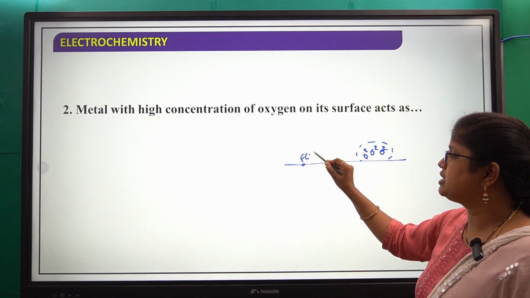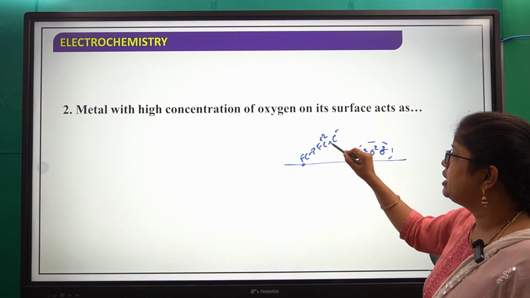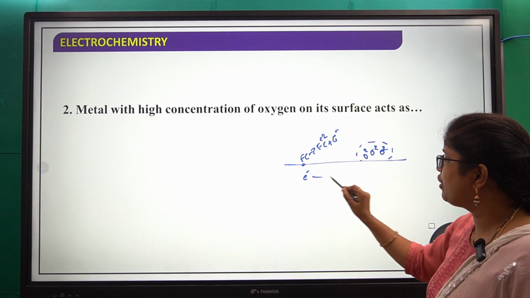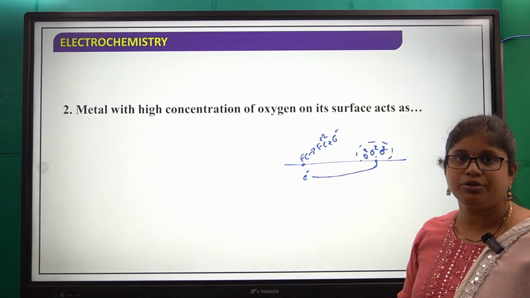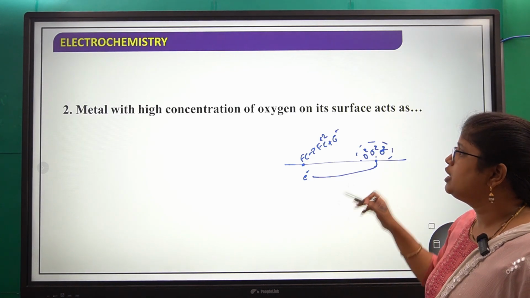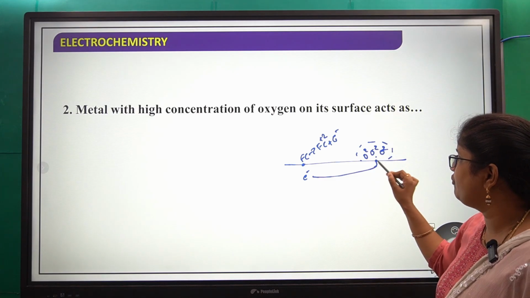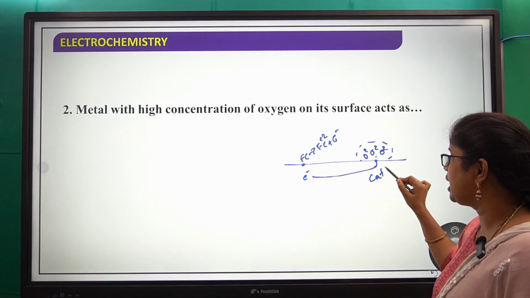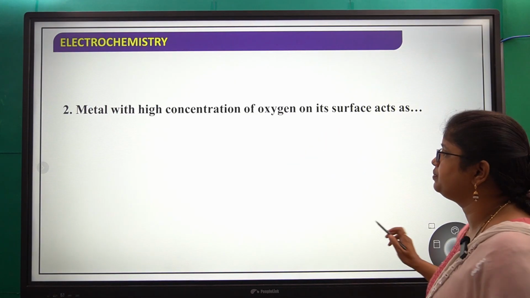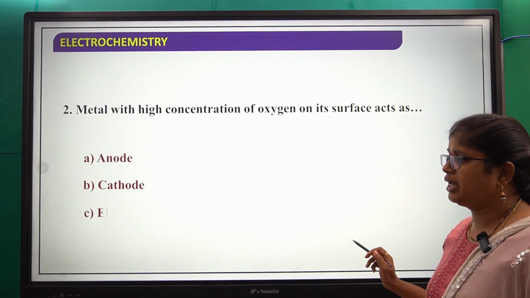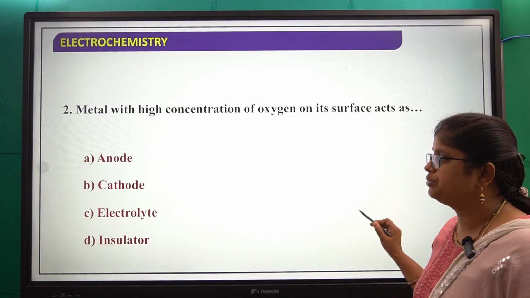If iron gets oxidized to iron plus 2 and releases electrons, these electrons will move from here to here, and at this part they reduce oxygen. So metal with high concentration of oxygen on its surface acts as cathode. The options are anode, cathode, electrolyte, insulator.